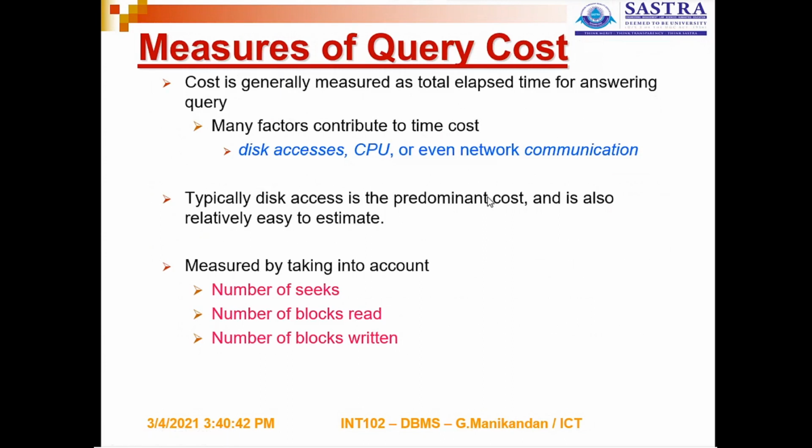For disk access, the parameters you need to consider are the number of seeks, the number of blocks read, and the number of blocks written. Based on these parameters, you identify the plan which incurs the minimal cost and use that plan for retrieving the relevant data from the given relation. That is with respect to query evaluation.